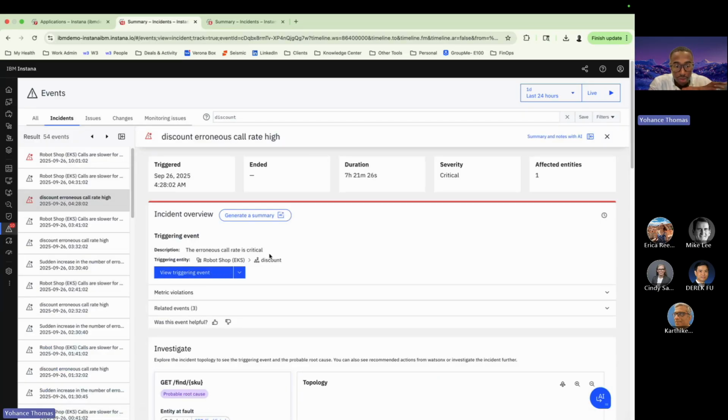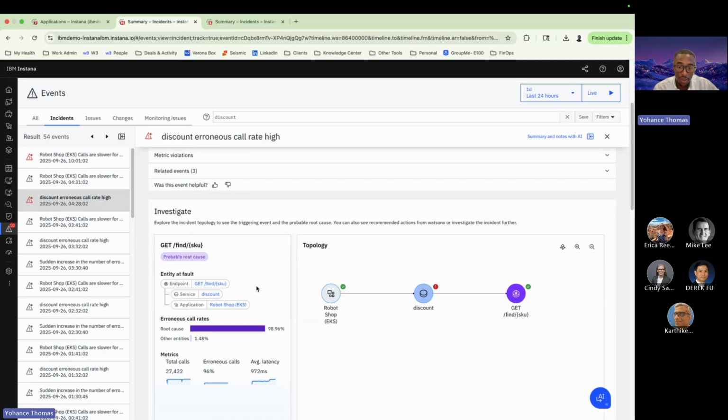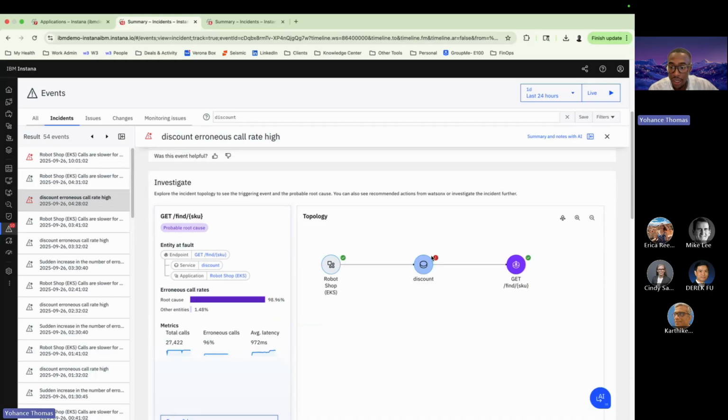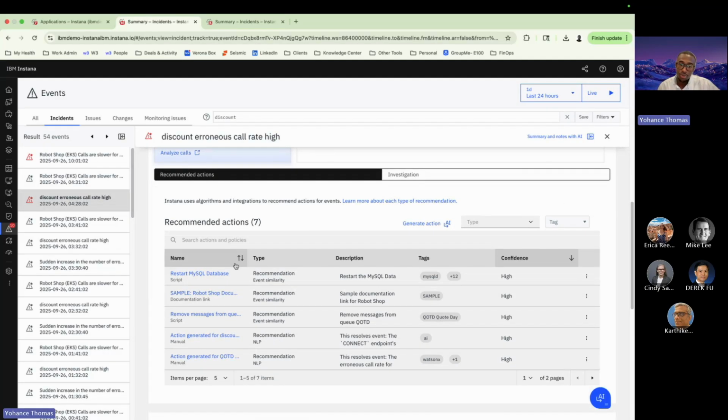Then we're brought to a page that gives us more detail around how that call is correlated with other endpoints from a Git standpoint, our topology, and then last but not least, how we're able to potentially remediate this issue.